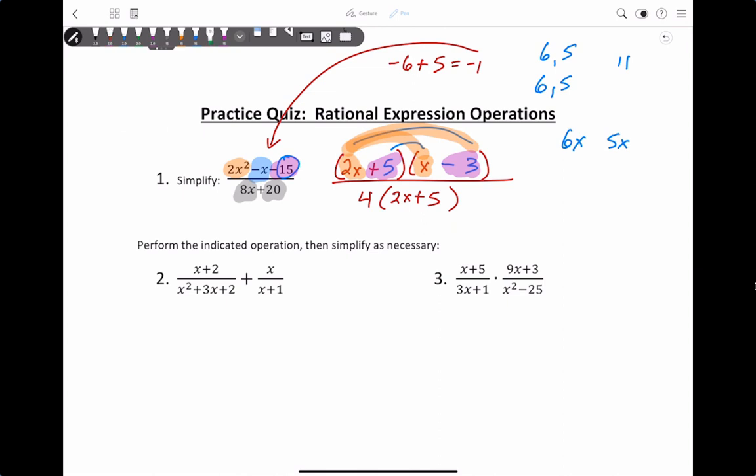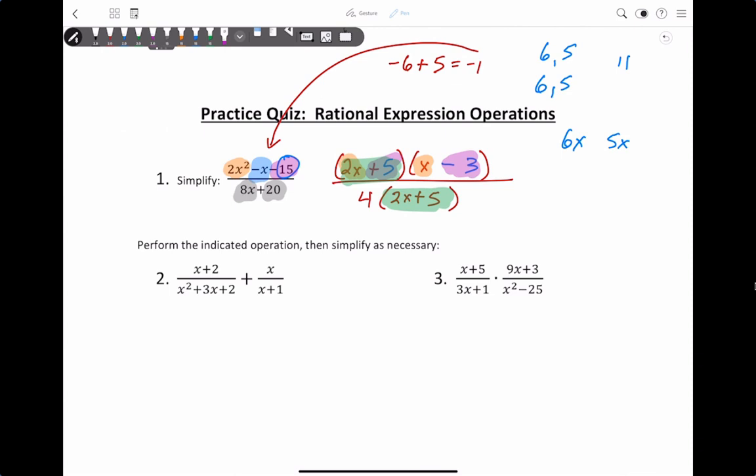Now, you notice that there's a 2x plus 5 here and a 2x plus 5 here. Remember, it's not that the 2x cancels with the 2x and the 5 cancels with the 5. The entire piece cancels with the entire piece. The reason is that you have to cancel between multiplication pieces.